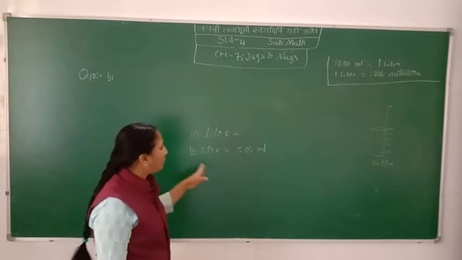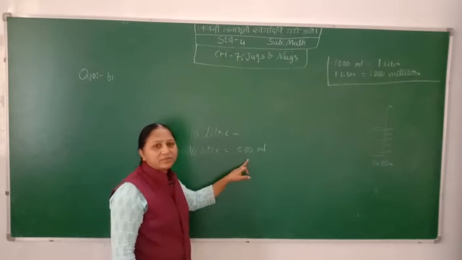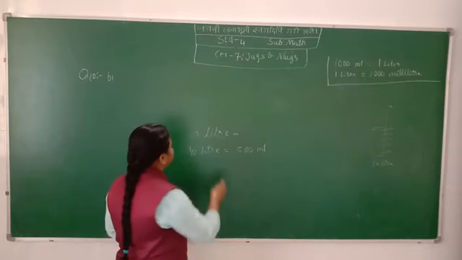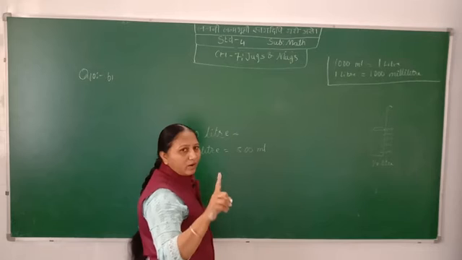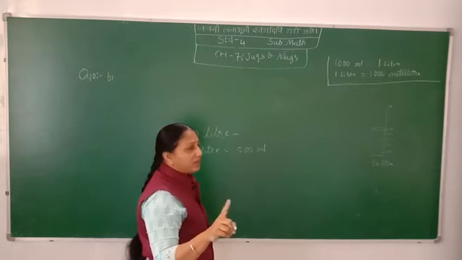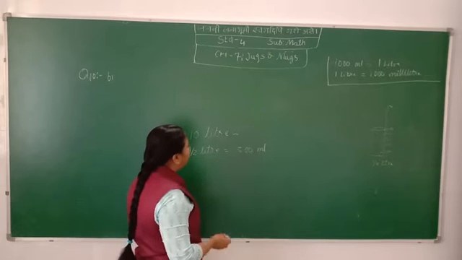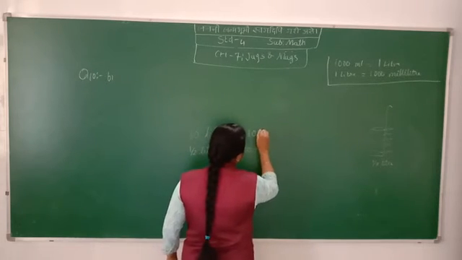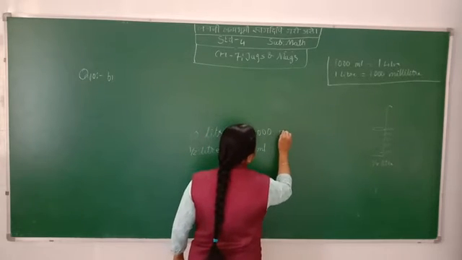So how many bottles will she require to fill up this Rasna squash? We have to again convert liter into milliliter. That means 10 multiplied by 1000, because 1 liter equals 1000 ml. So how many milliliters will be there in 10 liters? Definitely 1000 multiplied by 10, it will be 10000 milliliters.